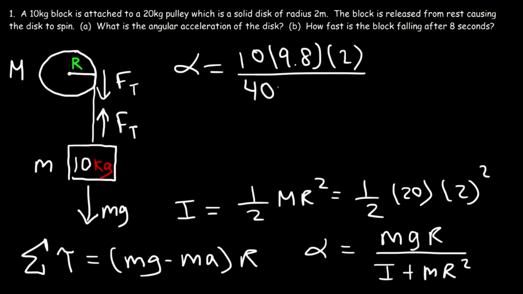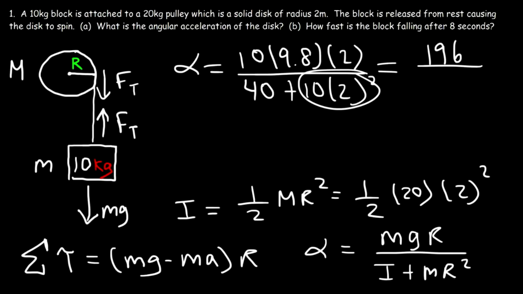So the inertia of the disk is 40, plus mr squared, which is going to be 10 times r squared, which is 2 squared. So 10 times 9.8 is 98, multiplied by 2, so that's 196. 10 times 2 squared is 40, plus another 40, that's going to be 80.